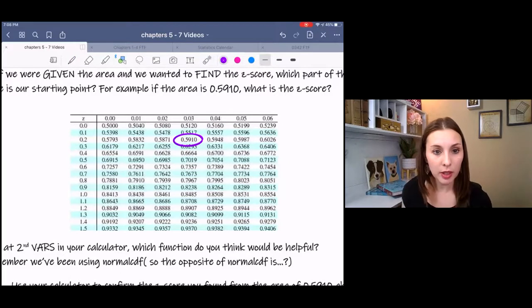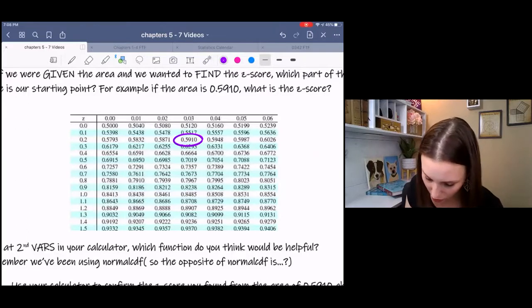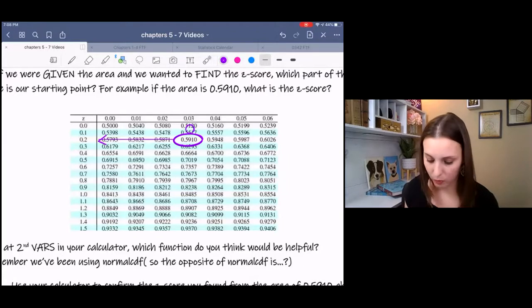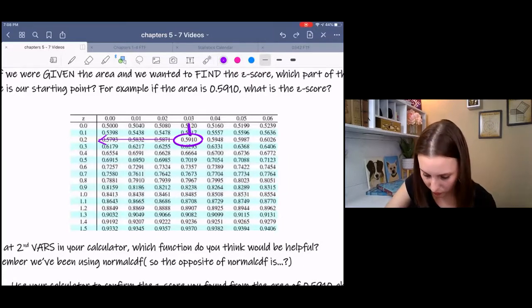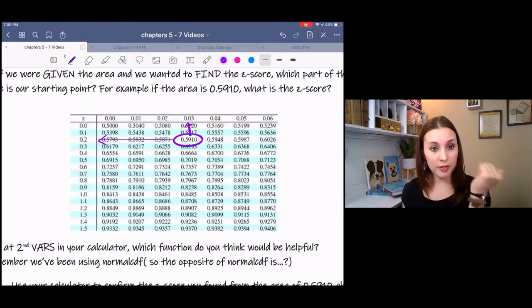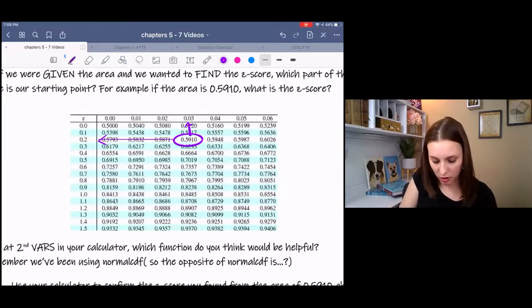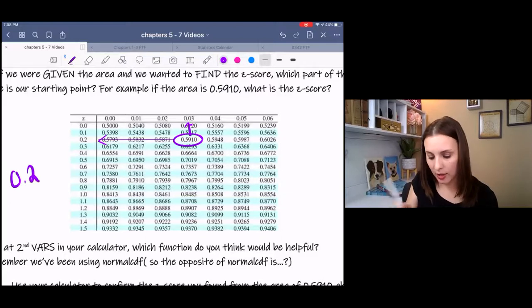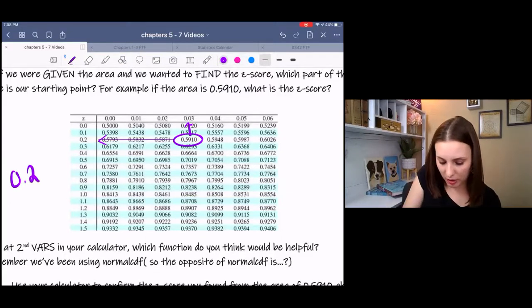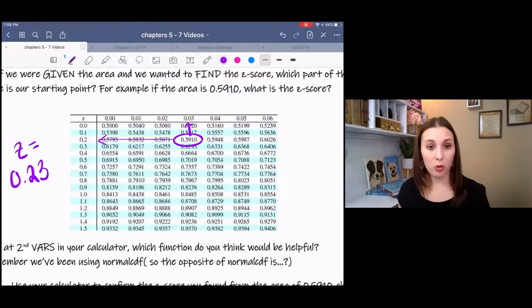And it is associated with 0.23. So remember, the left side is your first digits, and then when you go up, that's your next digit. So the z value associated with that area is 0.23.